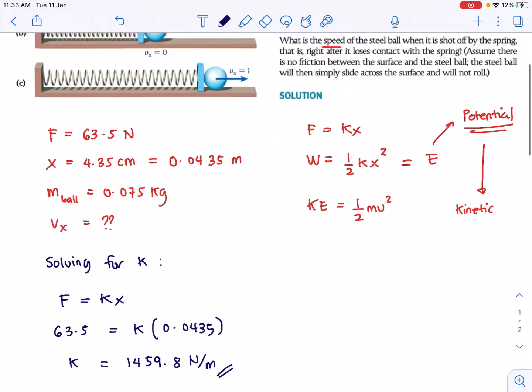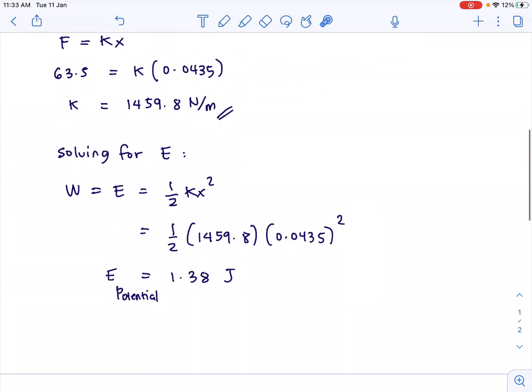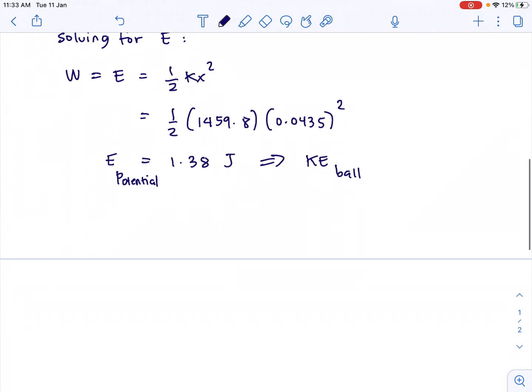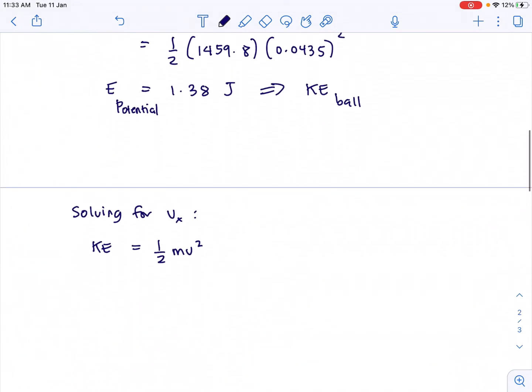Now, once the spring decompresses, this potential energy is translated to kinetic energy. So this potential energy becomes the kinetic energy of the ball, and we can use it to solve for the velocity of the ball, or Vx. We use the formula KE is equal to 1/2 mv squared. Let's substitute our values.